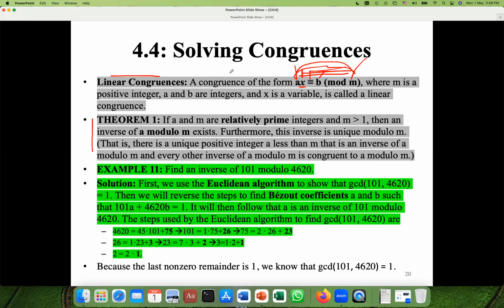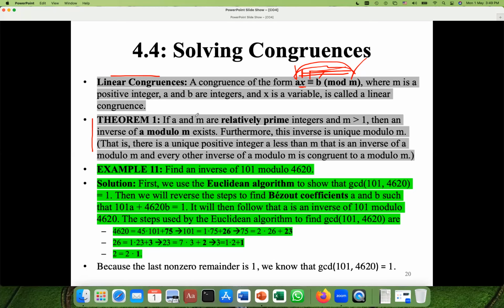So anyhow, if A and M are relatively prime, and what is relatively prime? When their GCD is 1. And M is greater than 1. For prime, we know that. But because we are considering them relatively prime, that's why we are saying that M is greater than 1.